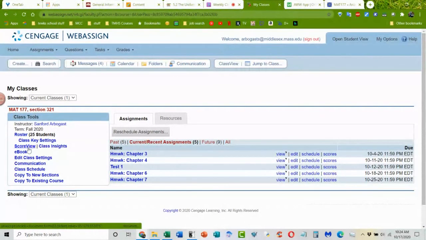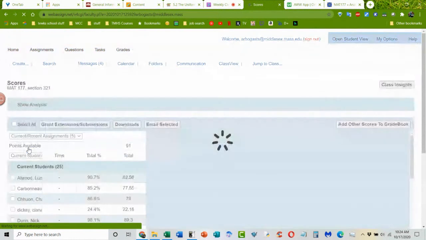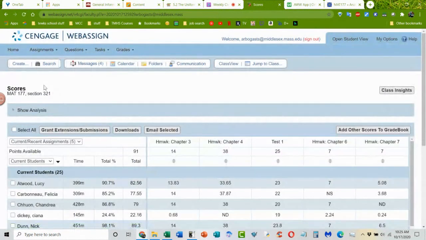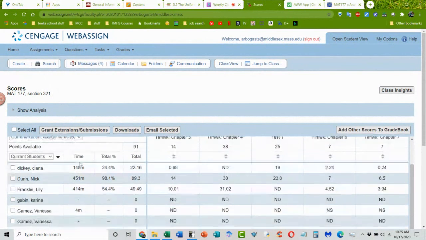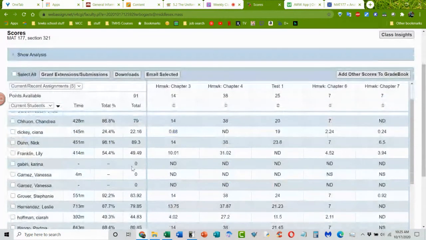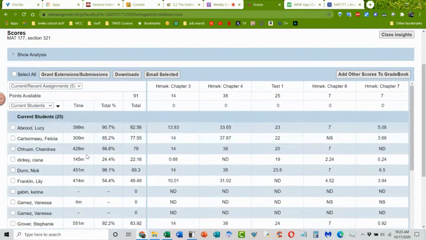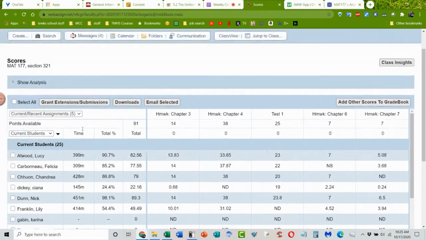And what I really look at is not necessarily the grades, though I look at those, but this also tells me how much time people have spent. So I can look and go, all right, this person isn't going to get anything, and this person might have a low amount, but this person has 400 minutes already, and we're into week 7.